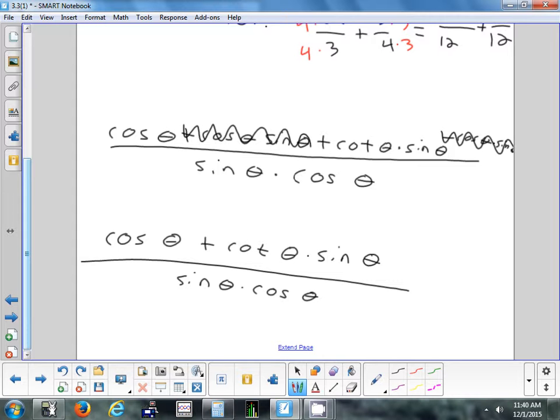Okay, anybody see what I can do in the top here? I can cancel something out if I change something. Yeah, I can change cotangent.